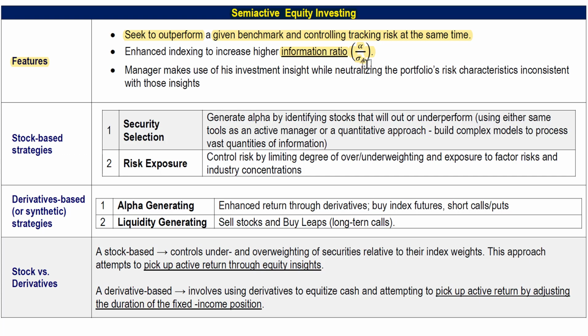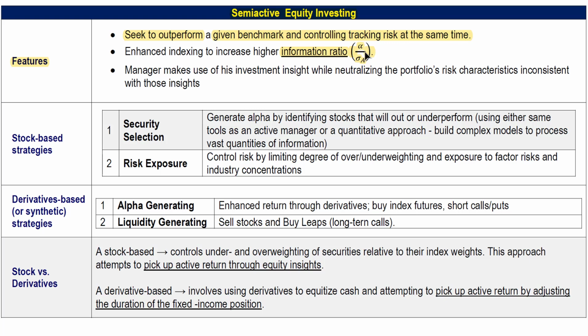The active return is the return of the portfolio over the benchmark return. So that's an additional return. Same with the alpha. Alpha is the expected return of your portfolio minus the expected return of the benchmark.